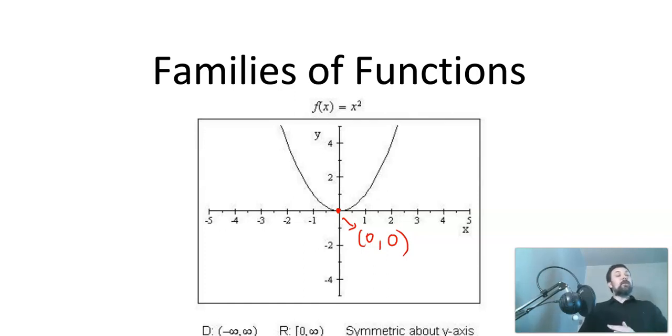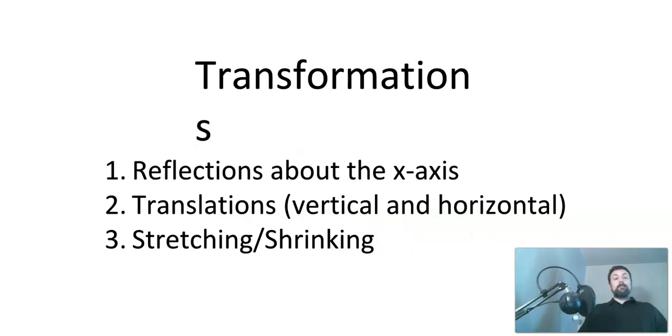I might mention the other families of functions. I can't remember if I have them on the following screens, just to make you aware of them. But for the homework, I really just focus on the three I talked about. It looks like I don't have any more. This is kind of a weird thing. Now, this slide should be over here, transformations. So the other families, I guess I decided to cut out of this presentation, but the other ones would be like a cube function, x to the third power being the basic one, the cube root function, and the linear family of functions, which I really don't like to include here because we already have strong methods for graphing lines.